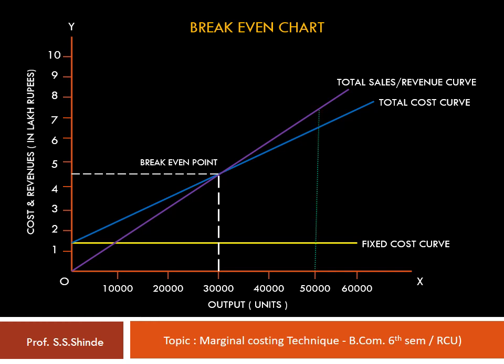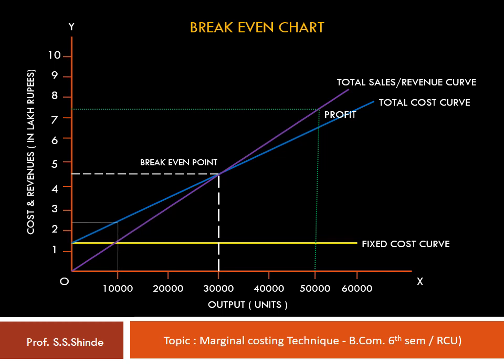And at 50,000 units, at a sales of 7,50,000 rupees, we can calculate the profit earned by the company, that is 1 lakh rupees, where the sales value is 7,50,000 and the cost is 6,50,000, giving a profit of 1 lakh rupees.